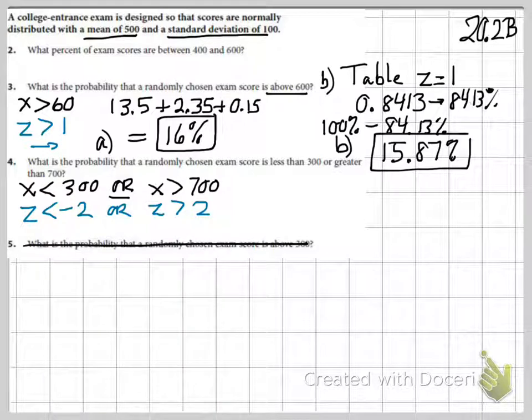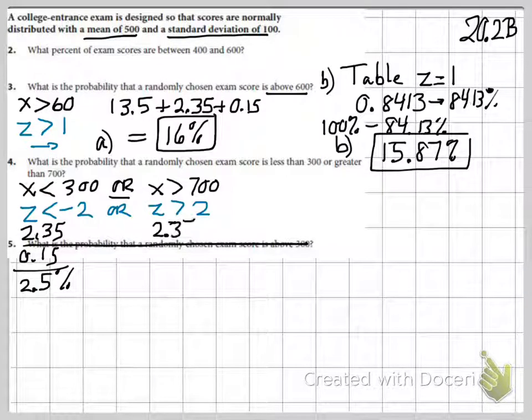Over here, we had 2.35, 0.15 adds up to 2.5%. Same numbers here, but off the right-hand side. 2.35 plus 0.15, 2.5%.